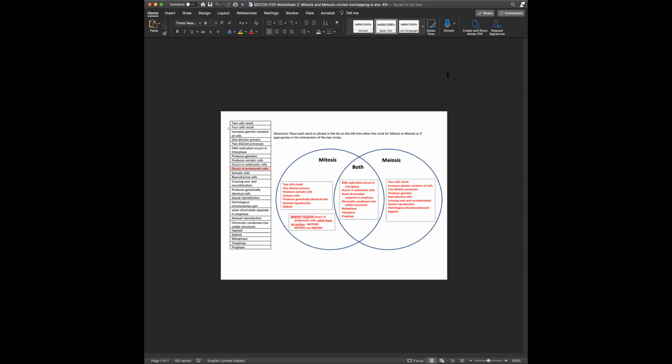In meiosis, it's 4 haploid cells. And then the last 3 terms, metaphase, telophase, and prophase, occur in both. So I thought this was a handy way of distinguishing between these processes and identifying what's common to both of them.